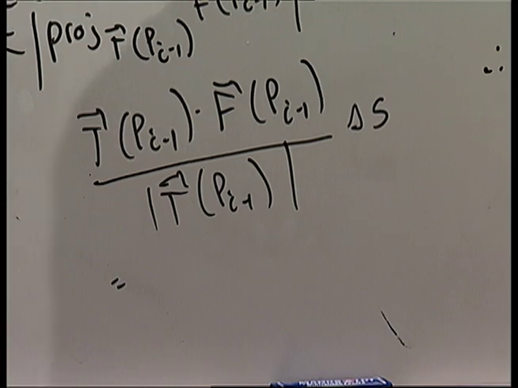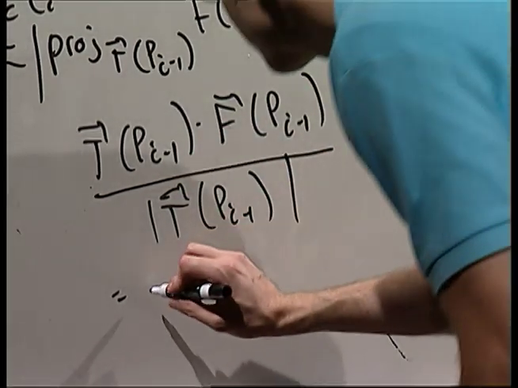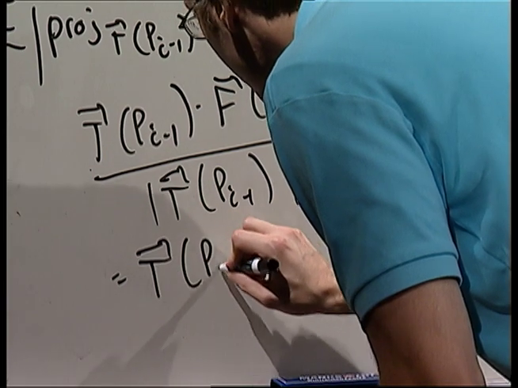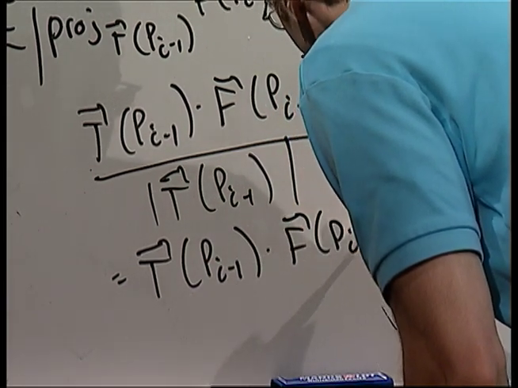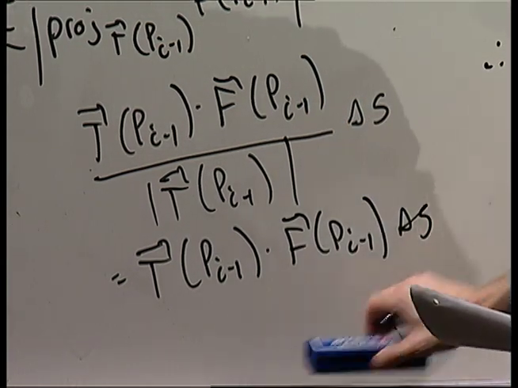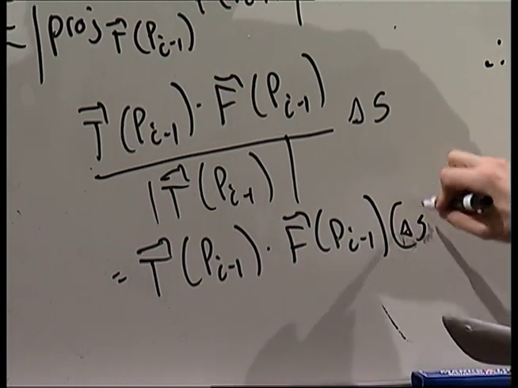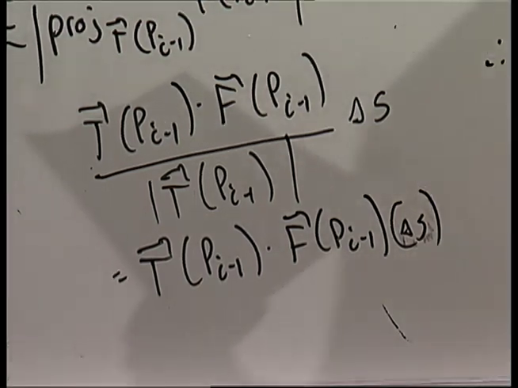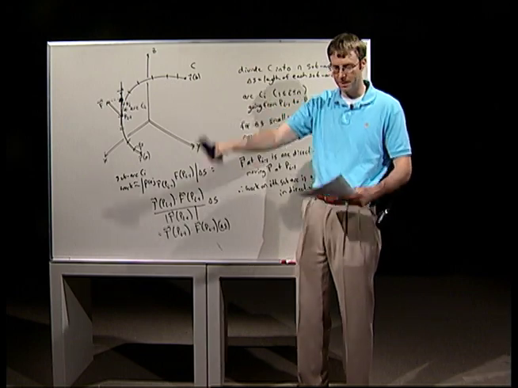The good thing here is that t is a unit vector, its length is 1, so this winds up being t at p sub i minus 1 dot F at p sub i minus 1, times delta s, which is the length. So this is an approximation for the work done to get across one of the n subarcs.